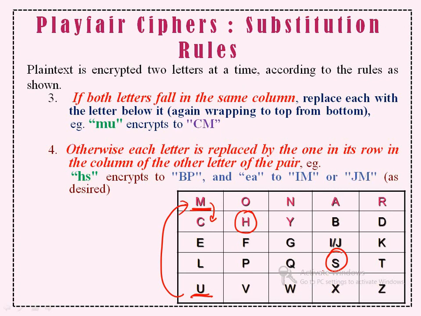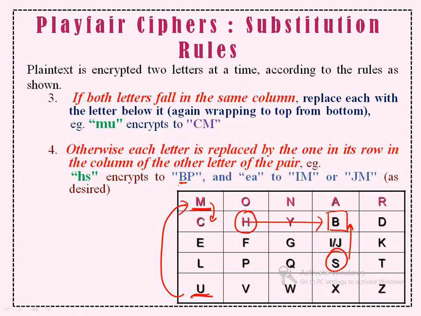Now if you go back, where these two will intersect: H is the first letter, so we go this way and we come like this. So B is the letter where they will intersect. So we will consider B as the letter that will replace H, because H and S don't fall under the same row, neither in the same column.